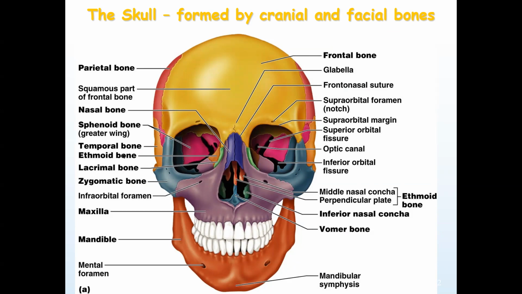And the ethmoid bone is towards the anterior, and it helps to make up the orbit, as you can see here. Right? So sphenoid bone, ethmoid bone, unlike the other cranial bones, these bones are on the inside.